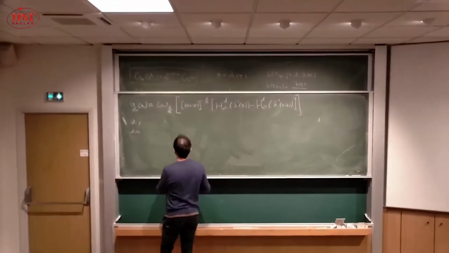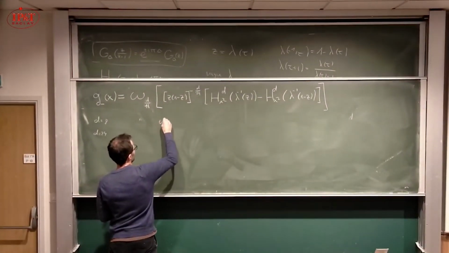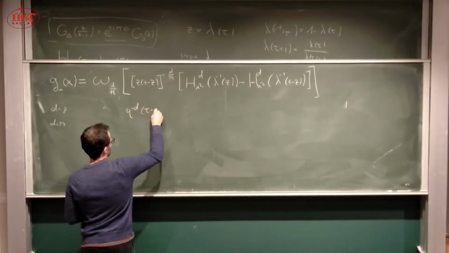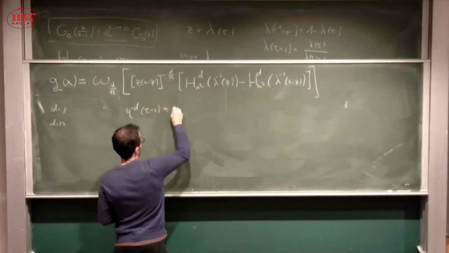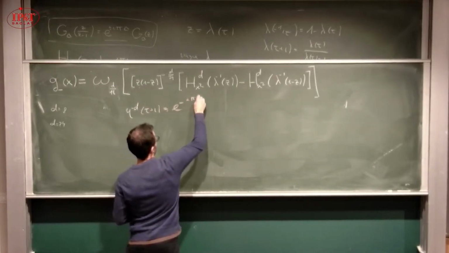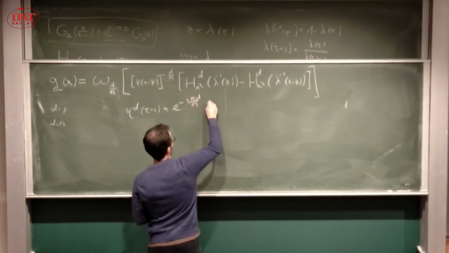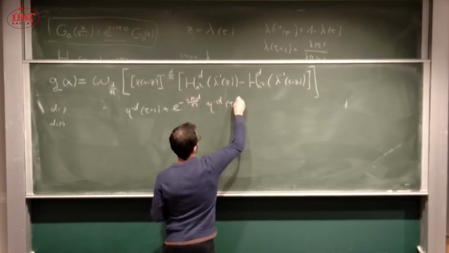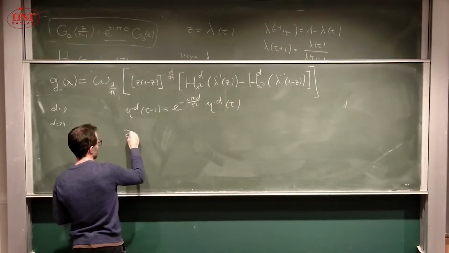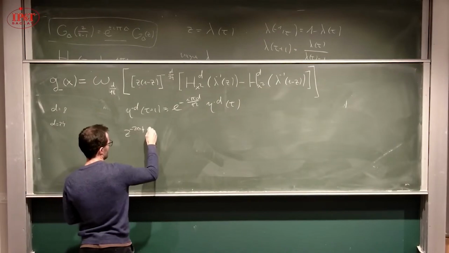So we have this vector, which transforms like that. And now you have this vector, which you need to make sure transforms in the right way.